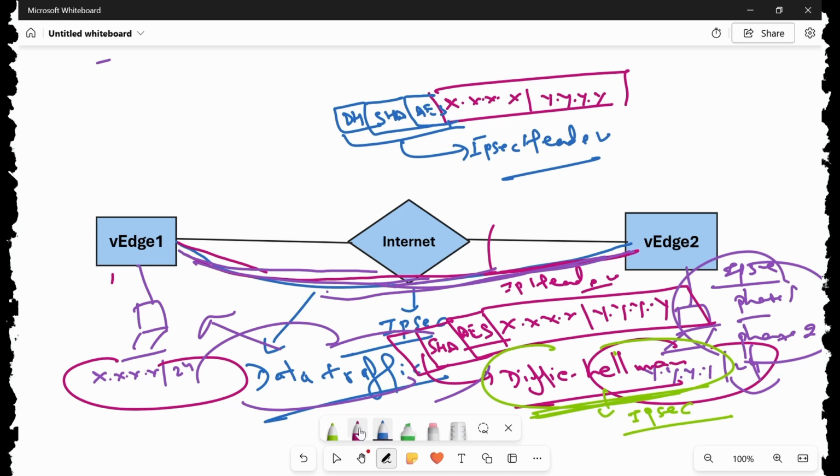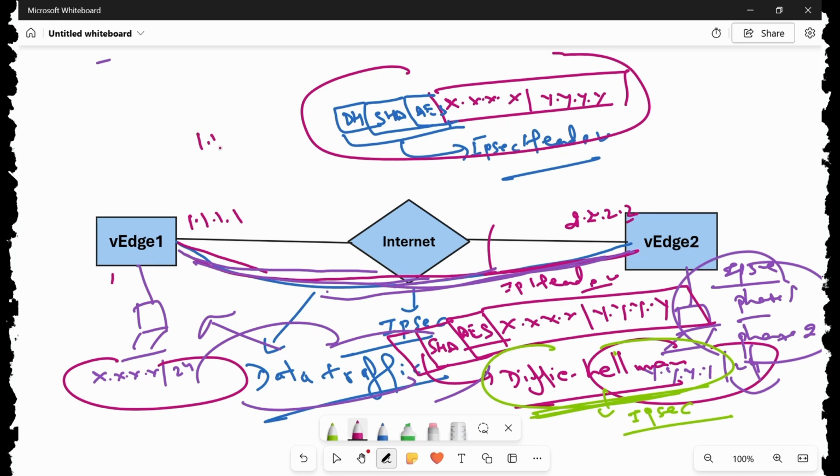Now this complete IP packet is encapsulated in another IP packet, which will have a source of 1.1.1.1 and a destination of 2.2.2.2.